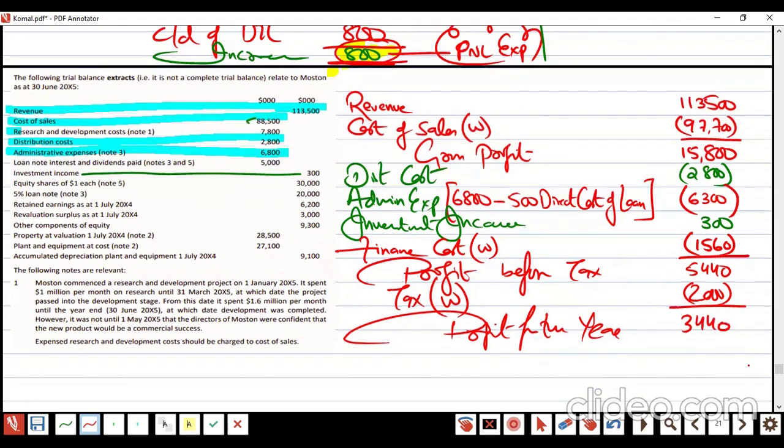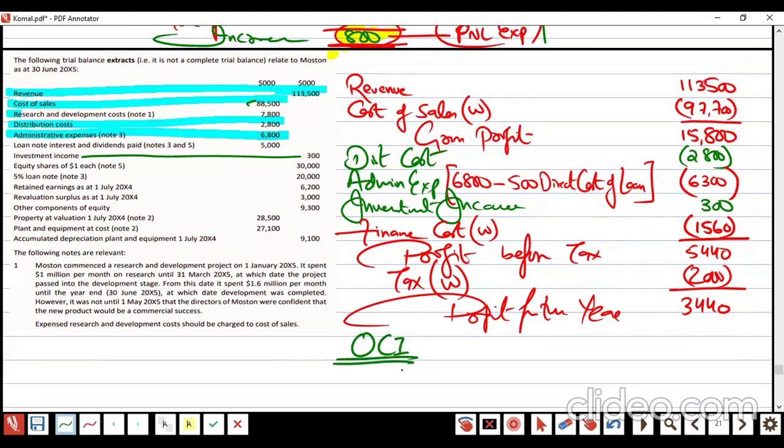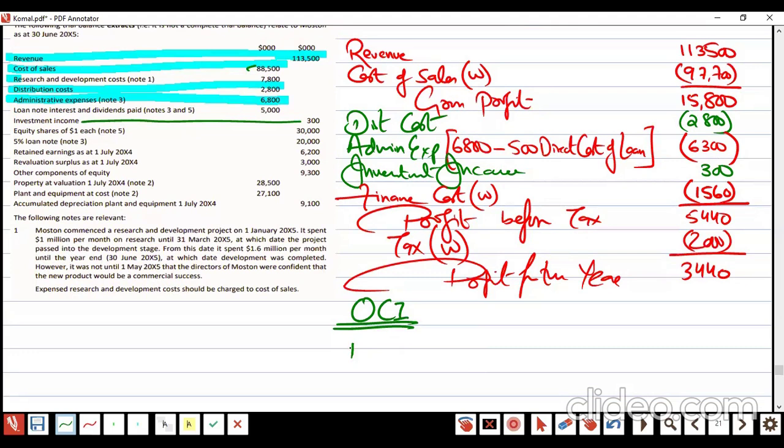3,440. After that, we know that there is a heading of OCI. Full name you will write other comprehensive income, and here will come the surplus. Or you can write like this: gain on revaluation. How much was it?